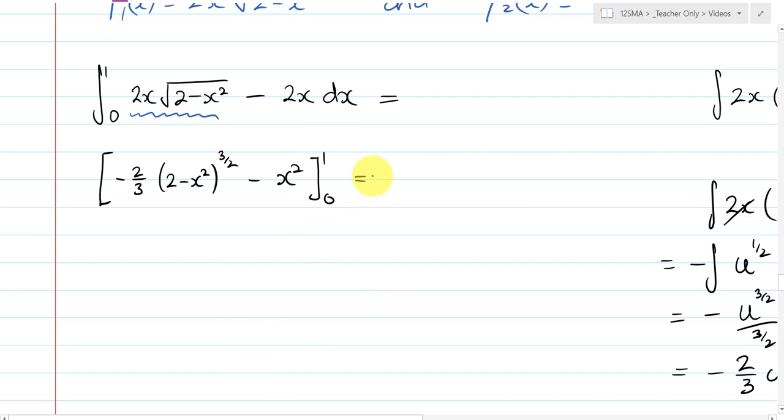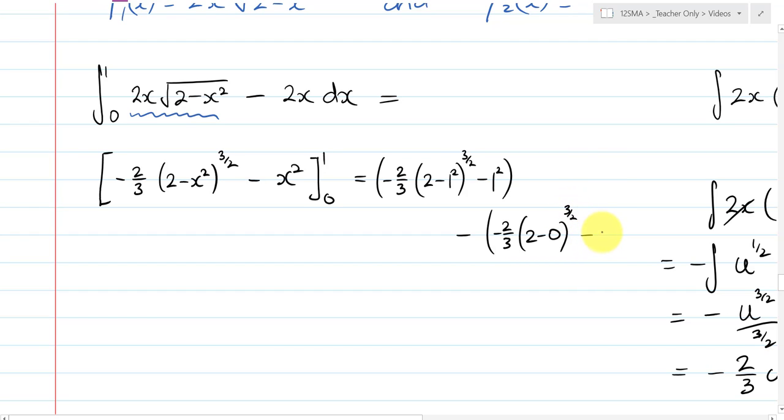And so solving that through substitution, I get negative 2/3 of 2 minus 1 squared to the power of 3 over 2 minus 1 squared, minus negative 2/3 of 2 minus 0 to the power of 3 over 2 minus 0 squared. That 0 squared is the easy part.